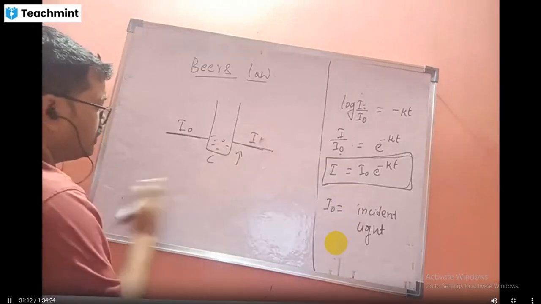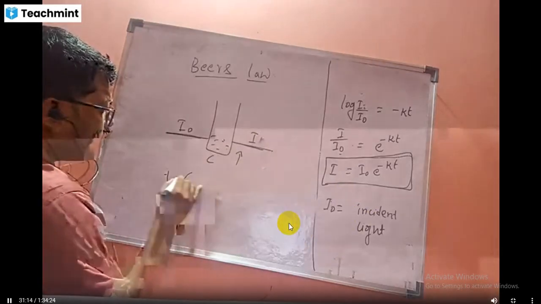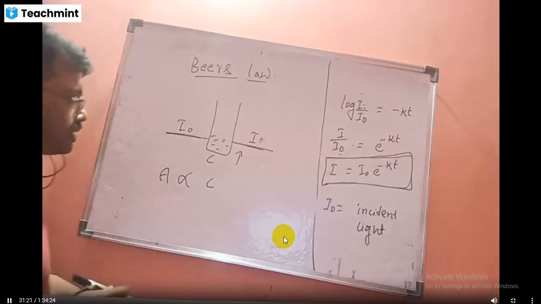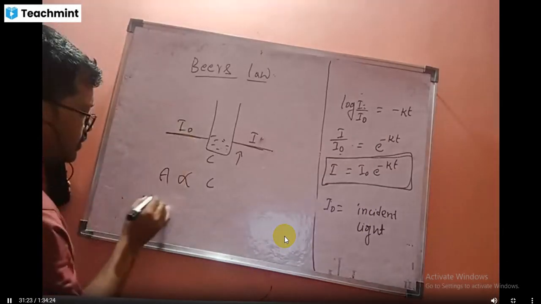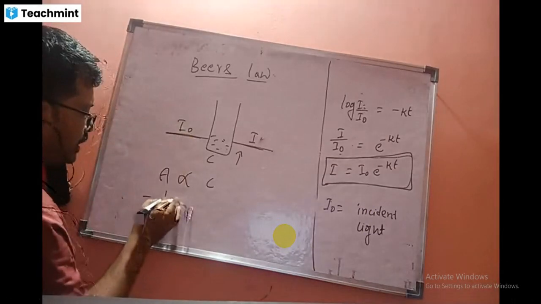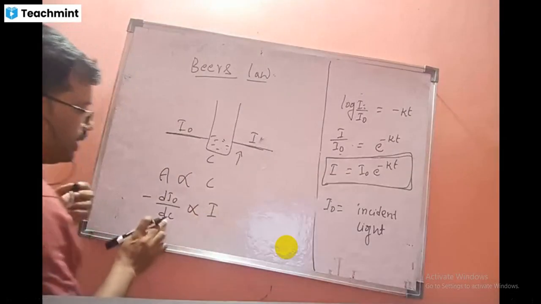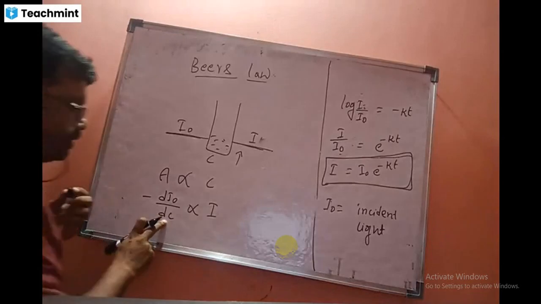So absorbance is directly proportional to concentration. This dI naught by dC is directly proportional to intensity. Decrease in concentration, decrease or increase?